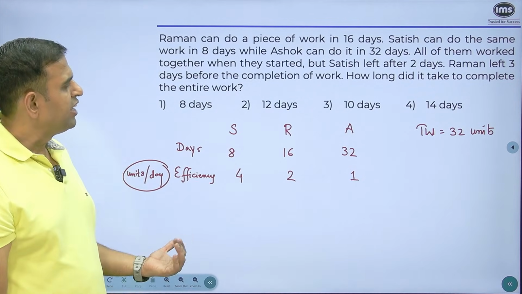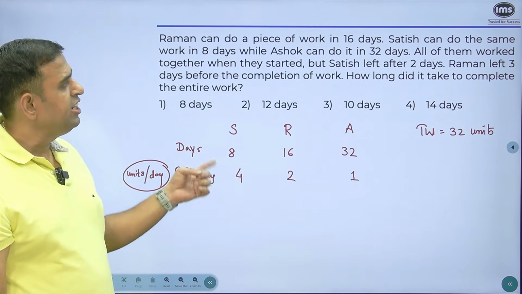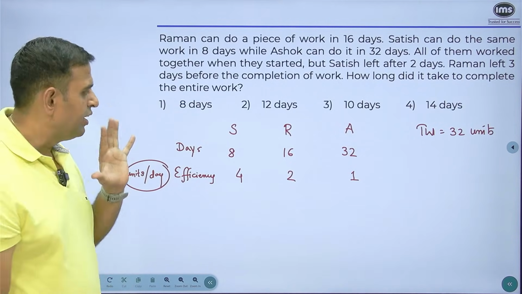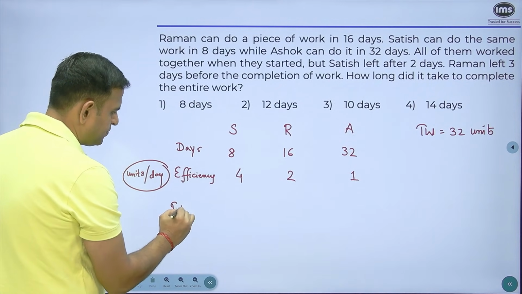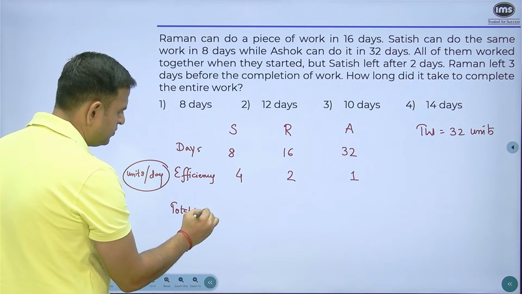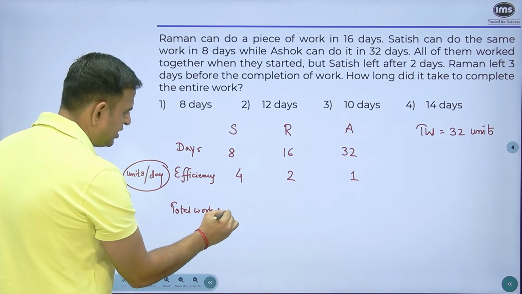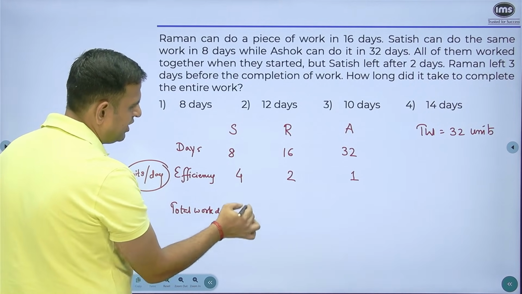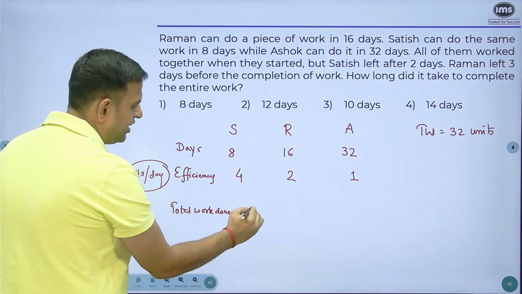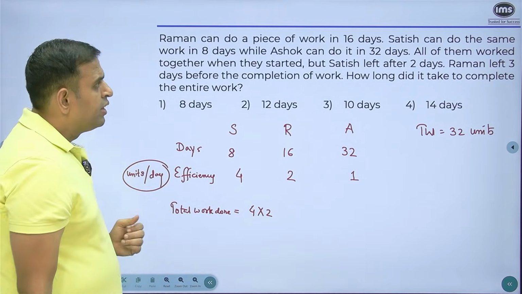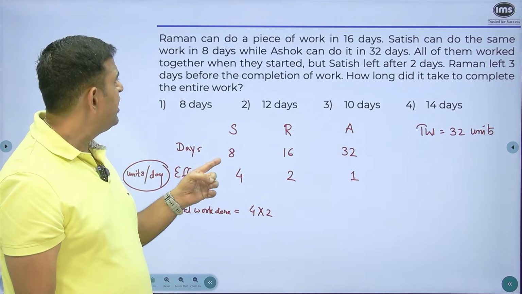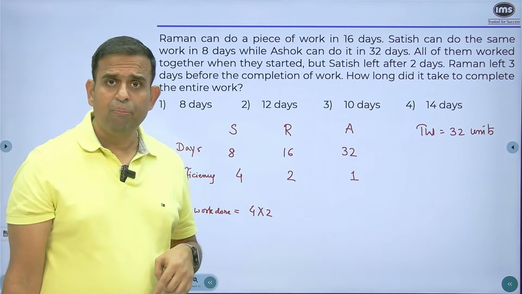Let us understand what is happening over here. The person Satish has worked for 2 days only. So the total work done by Satish will be 4 into 2. Then they have told Raman left 3 days before the completion of the work.